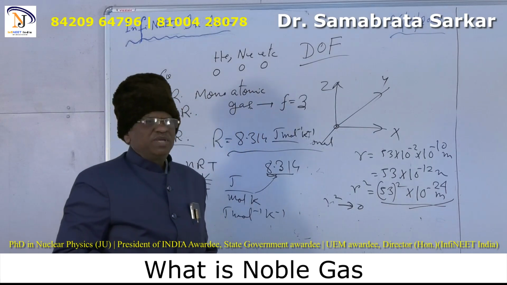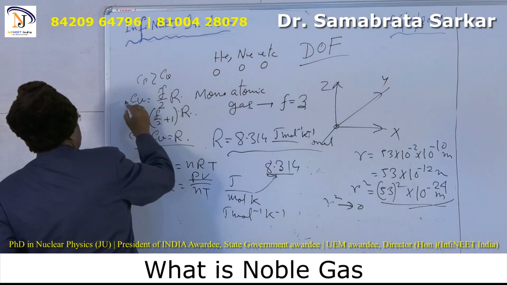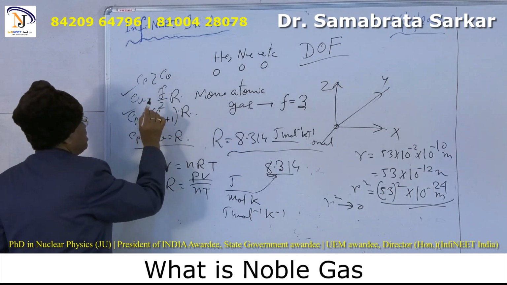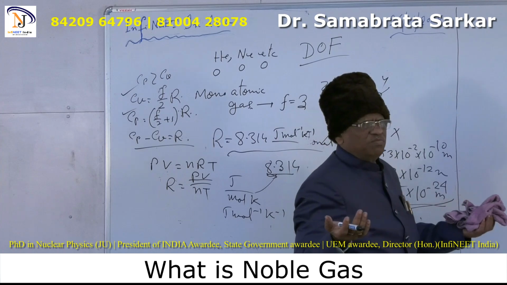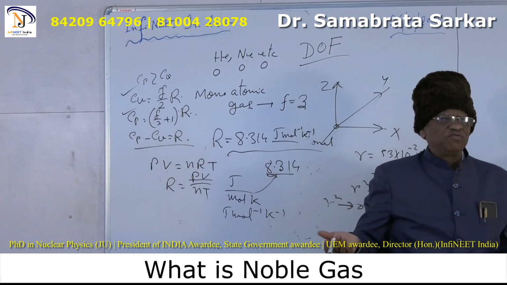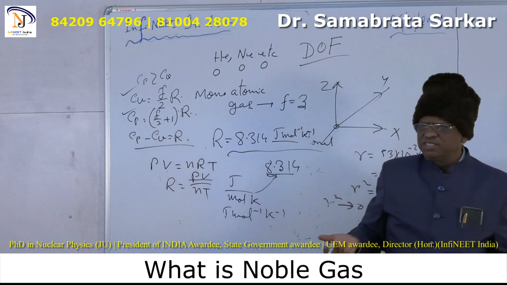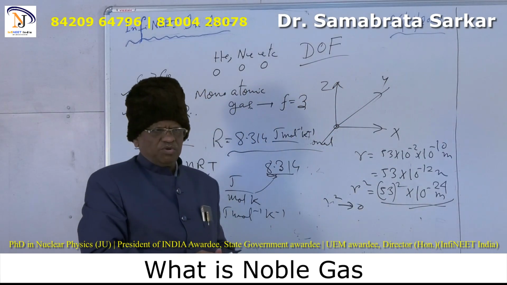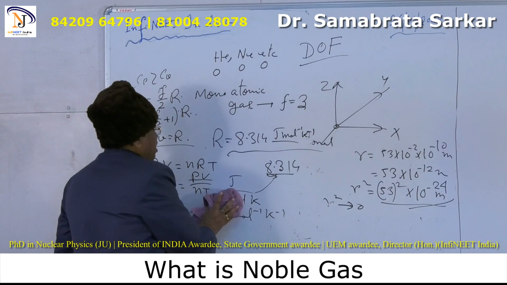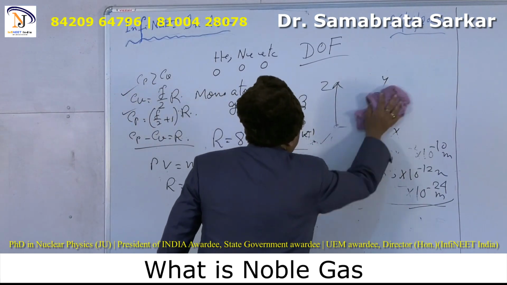And Cp minus Cv, this is Cv and this is Cp. Many questions are asked from this chapter on the basis of this idea. Next time I will solve a good number of problems. Today I will solve one or two such problems because of shortage of time.